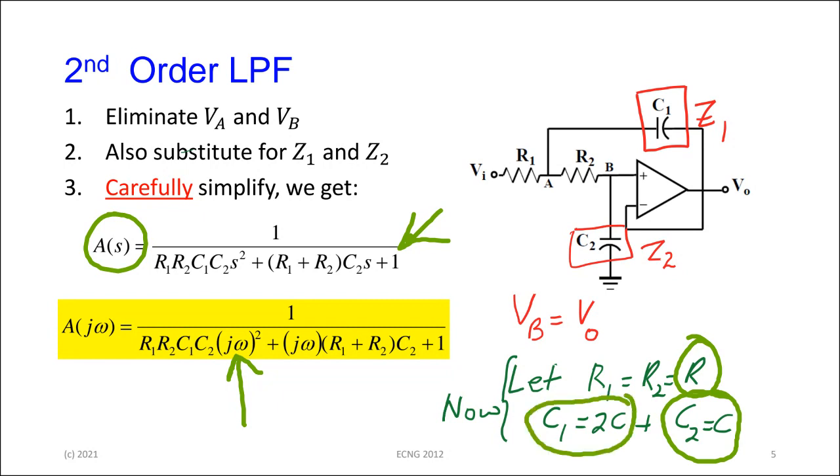So C1 is twice C2, and R1 is equal to R2. When you do that, you create a particular version of the filter, and we had the name last time. We create a particular version of the filter called a Butterworth. Right, and that will come up shortly. Of course, if you have any questions at this point in time, or at any point in time, just let me know.